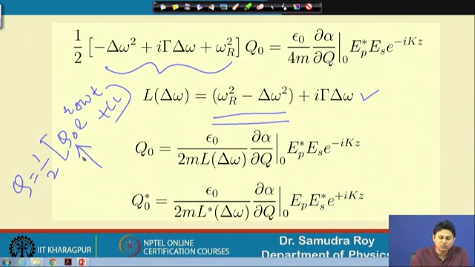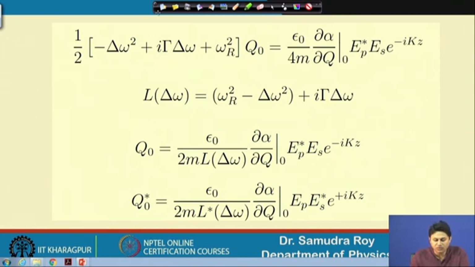Put this solution here and extract the value of q0. So, when we extract the value of q0, it is now simply epsilon 0 over 2m L of delta omega, del alpha del q0, E p star E s e to the power of minus i k z.